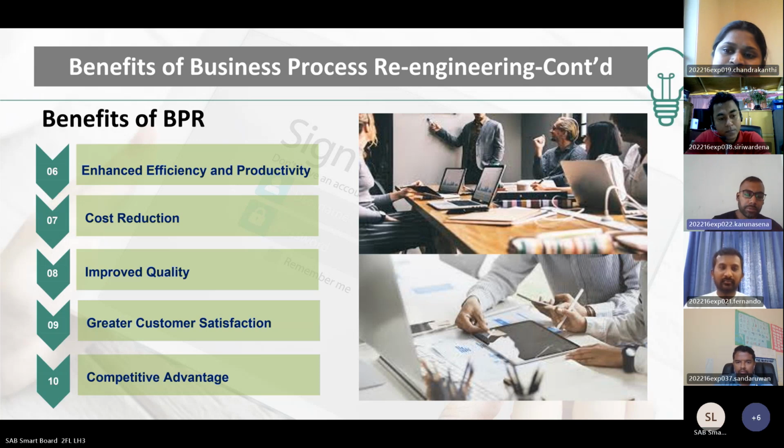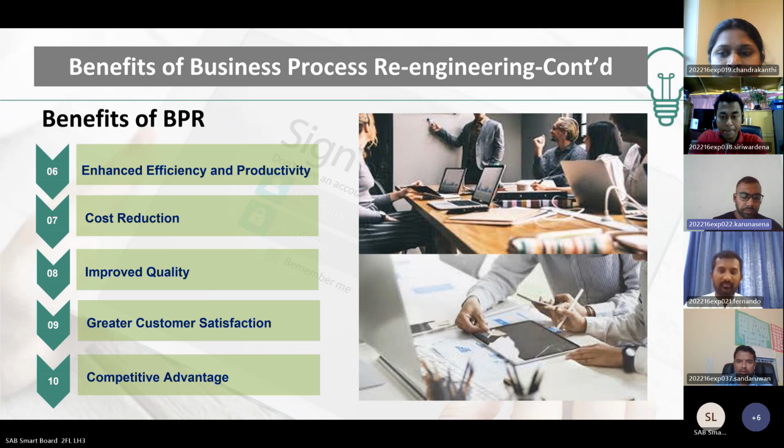In addition to that, BPR improves customer satisfaction by focusing on fast delivery and improvement of products and services, as well as providing more responsive services to the customers. Finally, organizations can achieve a competitive advantage, so they can respond to market changes more quickly and adapt to customer demands.